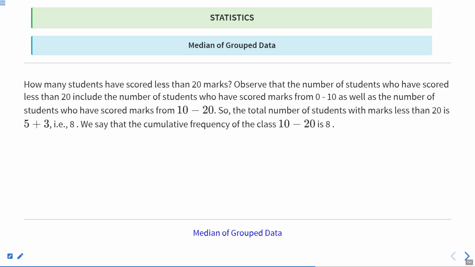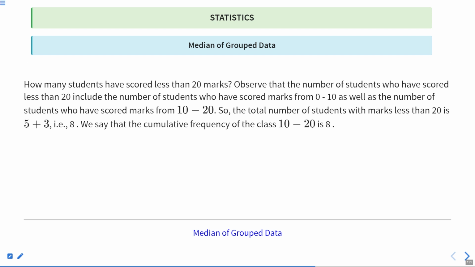Observe that the number of students who have scored less than 20 includes the number of students who have scored marks from 0 to 10 as well as the number of students who have scored marks from 10 to 20. So the total number of students with marks less than 20 is 5 plus 3, that is 8.